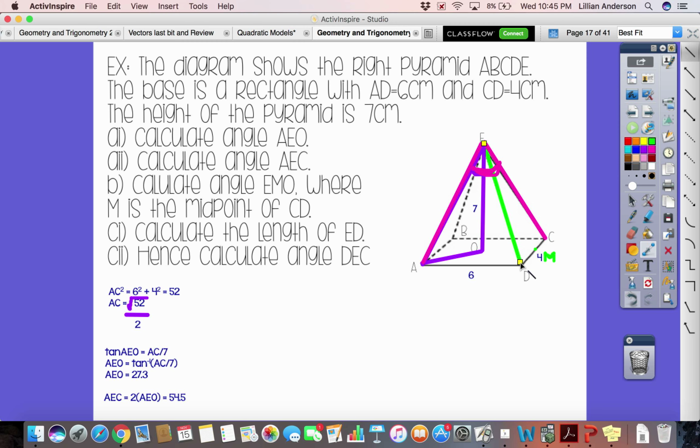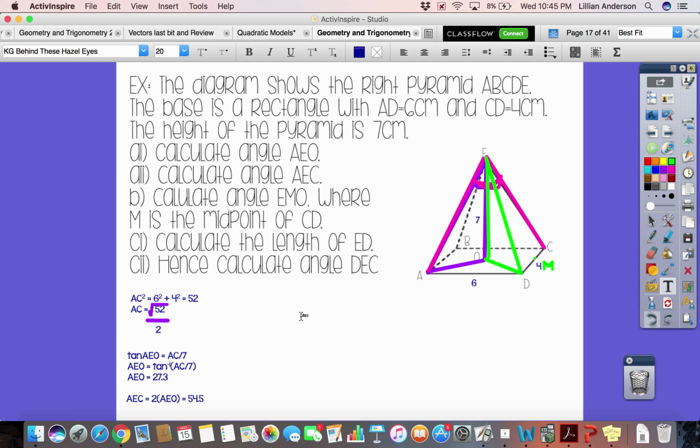We could actually do another Pythagorean theorem using OD and EO. That's another right triangle. Considering we do know the value of OD, OD is the same length as AC, because BD would be another Pythagorean theorem with 4 and 6.